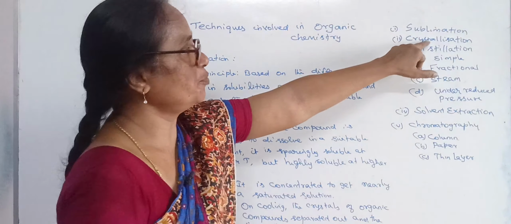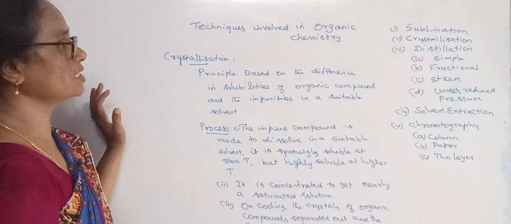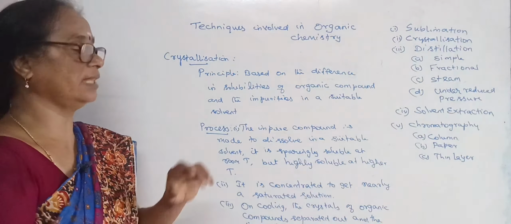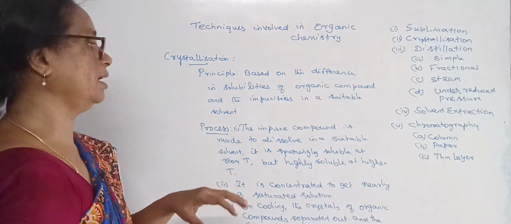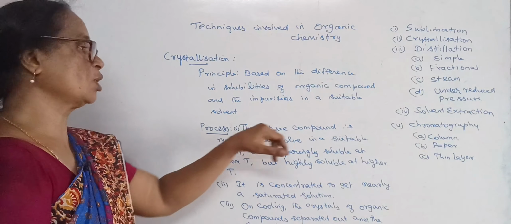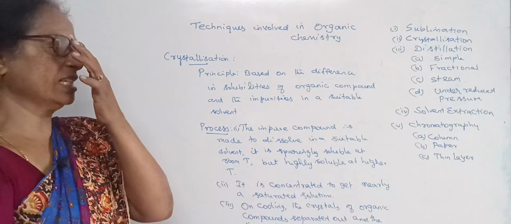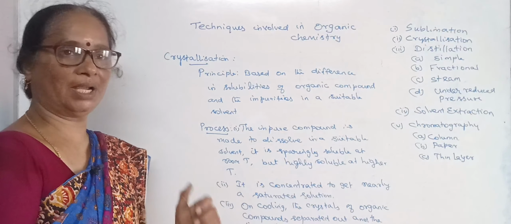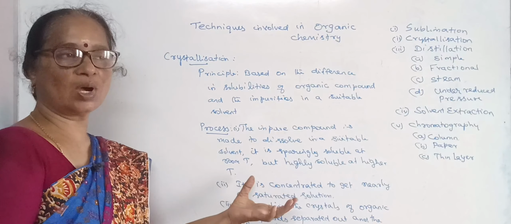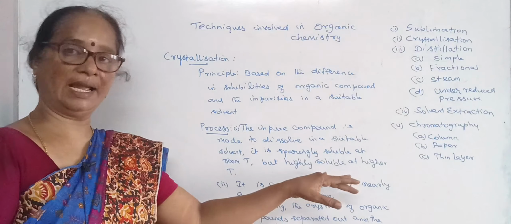The second method of purification technique is crystallization. Crystallization is a process in which the organic compound and the impurities differ in their solubility in a given suitable solvent. Based on this, the impure compound is made to dissolve in a given solvent and it is heated, because organic compounds are usually sparingly soluble at room temperature, but at high temperature they become highly soluble.